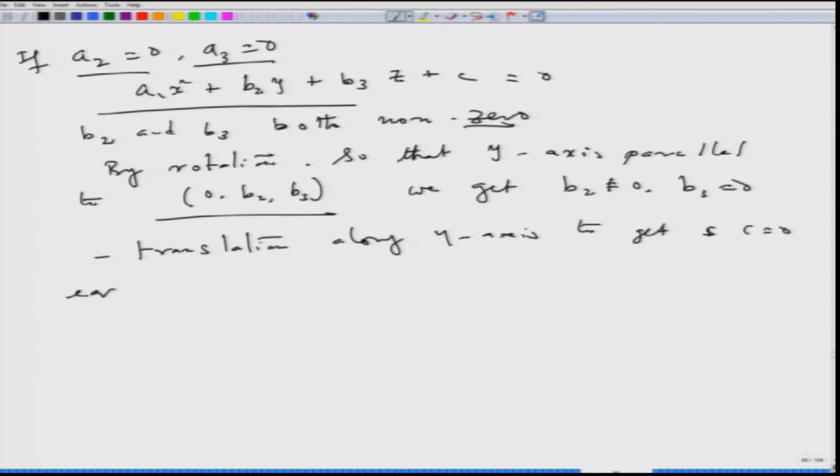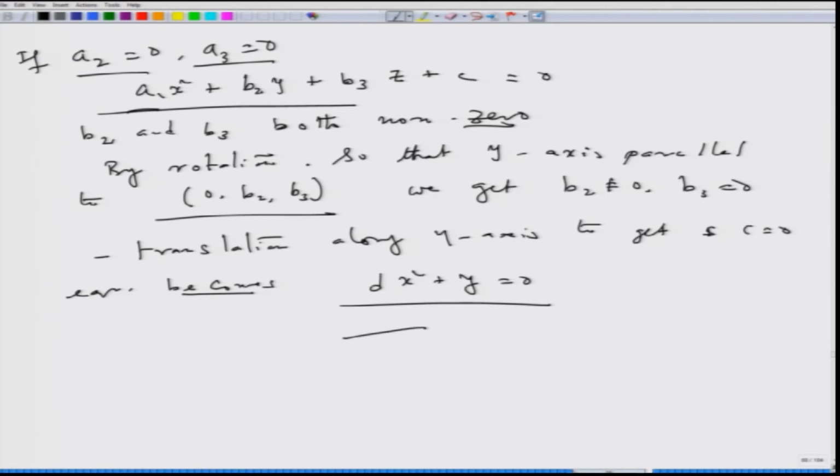So, the equation becomes A1 x square plus y equal to 0. I have normalized it, not the same A1, maybe some other constant, some d x square plus y equal to 0. So, which case does this give?